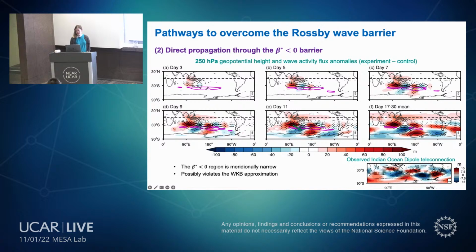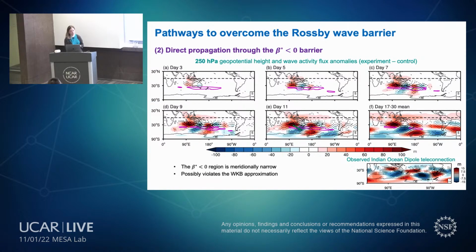And we do see that in the first week of the integration, where this response is largely confined to the subtropics. But we also see evidence of direct propagation across this barrier, where these wave activity flux anomalies are seemingly just able to propagate across this region. And we see this both in the model simulations, as well as in the observed teleconnection.